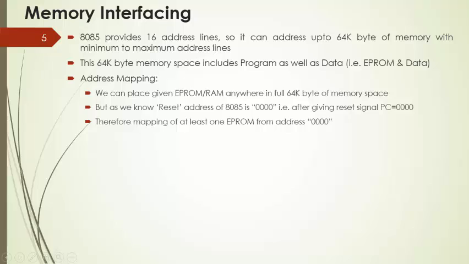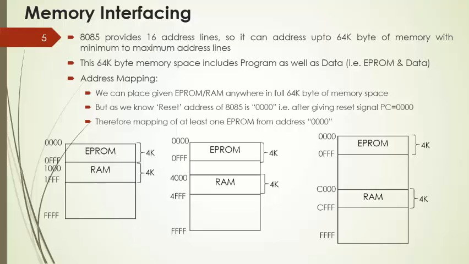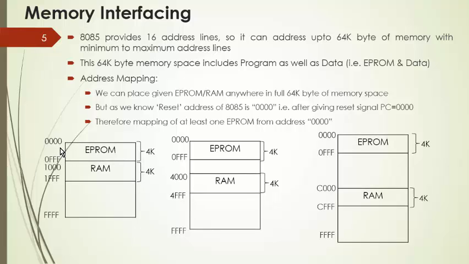EEPROM or ROM should always start from the 0000 memory location, because after reset the program counter holds 0000. During the mapping of the ROM or EEPROM kind of IC, always map it starting from address 0000, and in the remaining memory space, if a RAM is there, you can place the RAM IC.